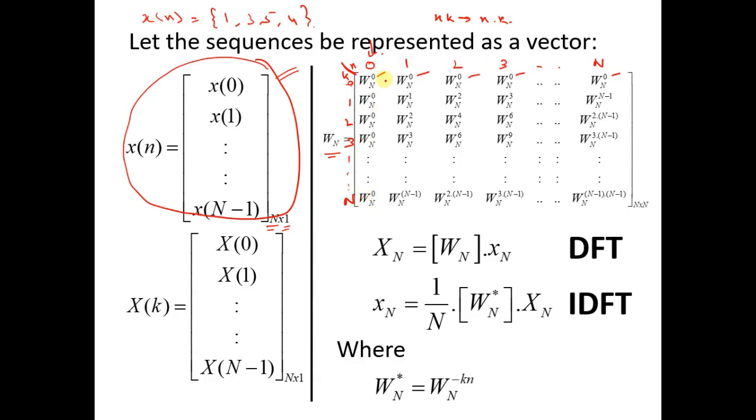So the first row and the first column will always be 1, whatever twiddle factor matrix you want to find out, whether the 2-point, 4-point, 6-point, or 8-point twiddle factor matrix, and so on.